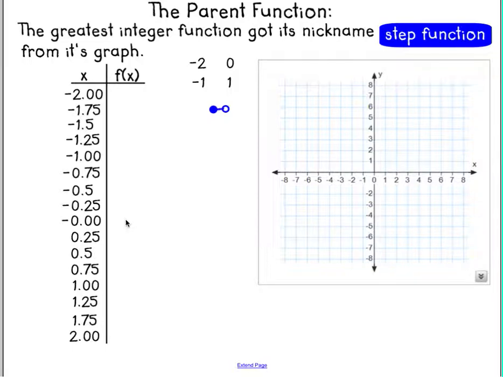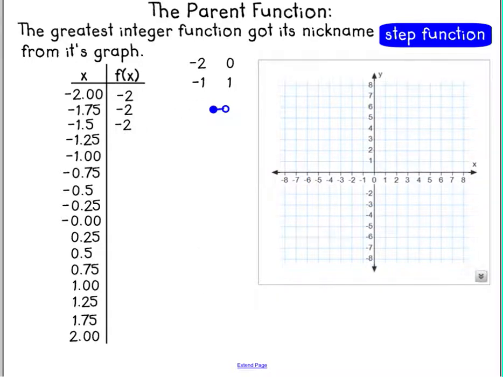If I put in negative 2, the number that doesn't go over that is negative 2. If I put in negative 1.75, I have to round down to negative 2, because negative 1 is bigger. And negative 1.5 is going to round down to negative 2 as well.